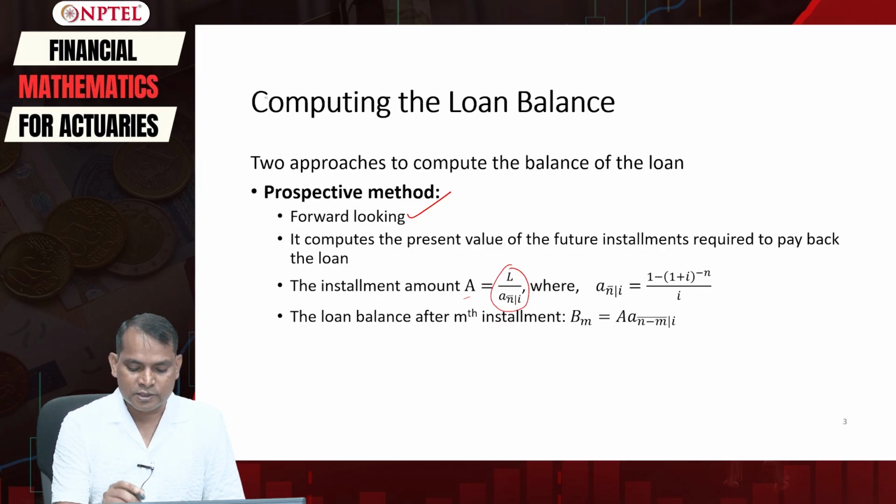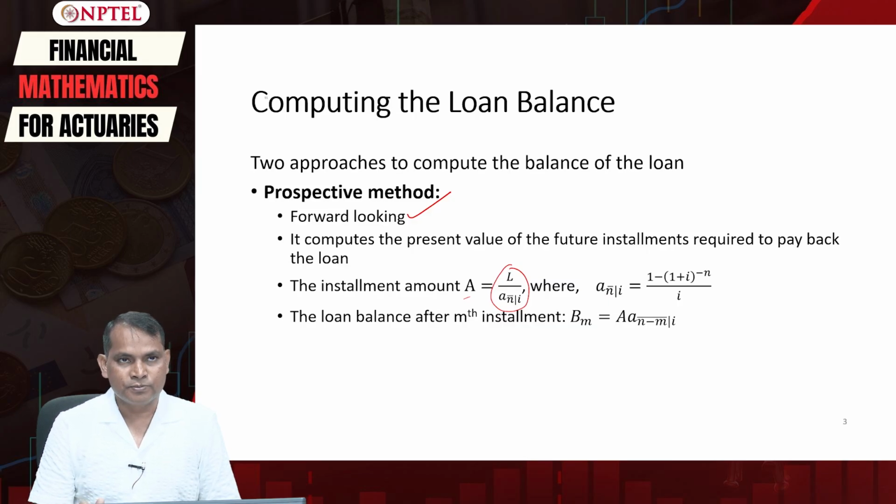So A equals L divided by a angle n at i, and we know that the present value factor a angle n at i is simply (1 minus (1 plus i) to the power minus n) whole divided by i, that is, 1 minus 1 upon (1 plus i) to the power n, whole divided by i.